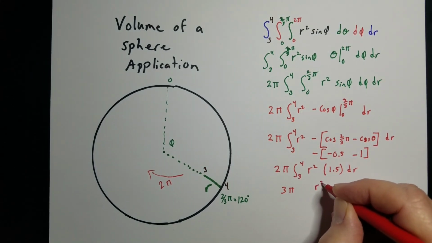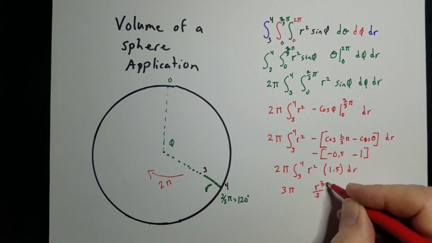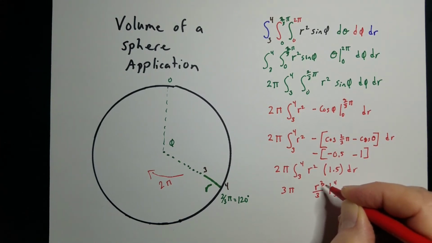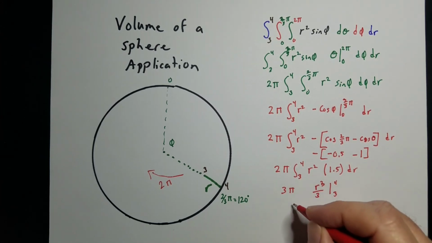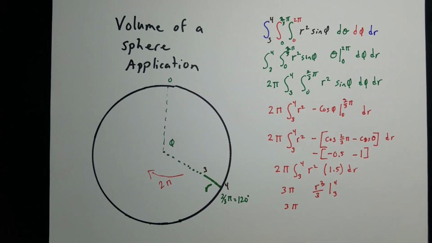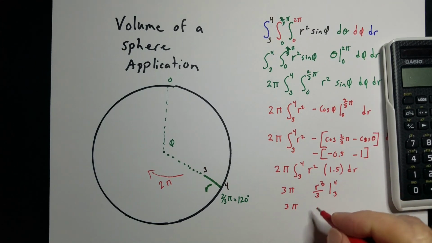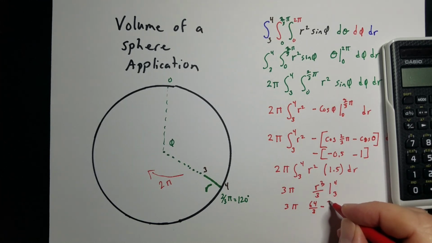Well, r squared, we take the integral of it, is going to be r cubed over 3, from 3 to 4. And so if we put these numbers in, let's see what we get. So we get 3 pi, 4 cubed is 64 over 3 minus 3 cubed is 27 over 3.